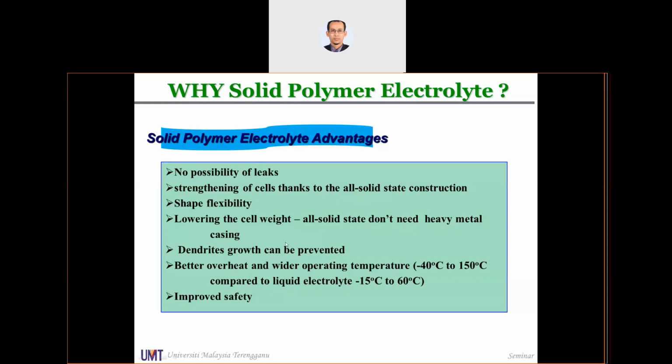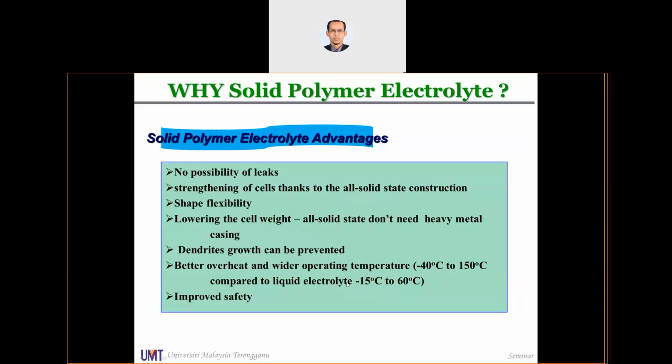Some dendrite growth during charging and discharging can be prevented, and it can offer better overheat resistance and a wider operating temperature, from -40 degrees Celsius to 150 degrees Celsius, compared to liquid electrolyte from -15 degrees Celsius to 60 degrees Celsius.